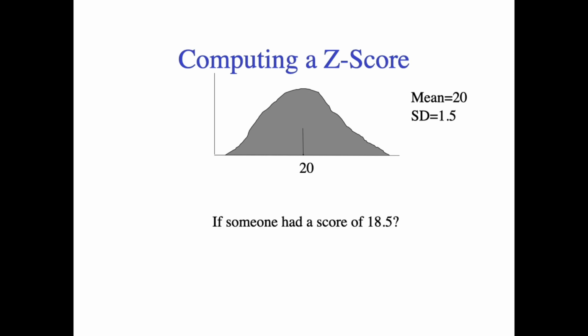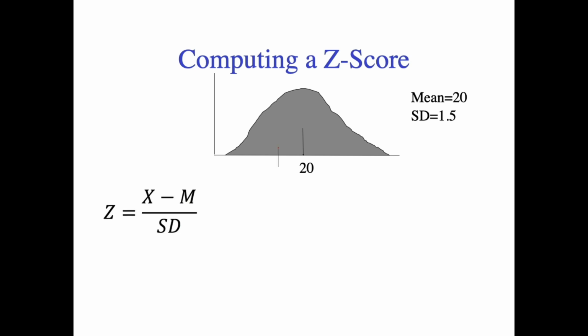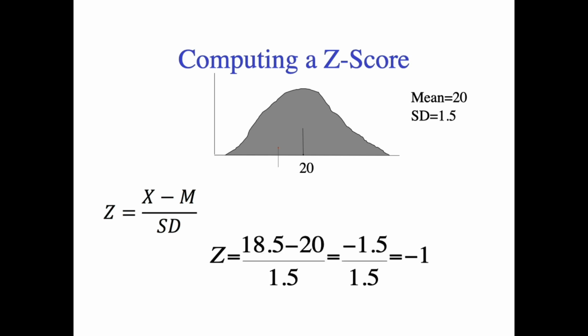What about if someone had a score of 18.5? How would we compute their z-score? So think about that for a moment. The x is 18.5. We have the same mean, 20, the same standard deviation, 1.5. So we're going to plug this into our formula for the z-score, x minus the mean over the standard deviation. That gives us 18.5 minus 20. Divide that by 1.5, so we're going to get minus 1.5 over 1.5.